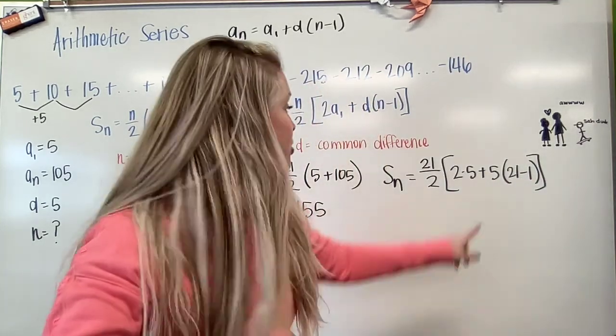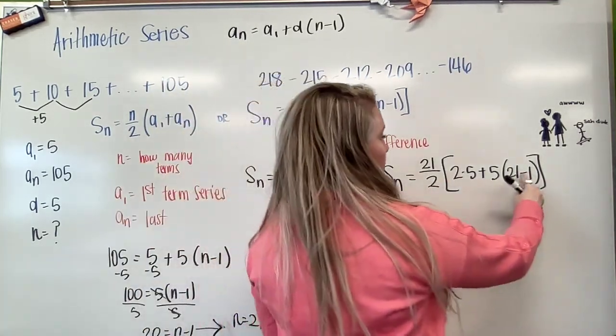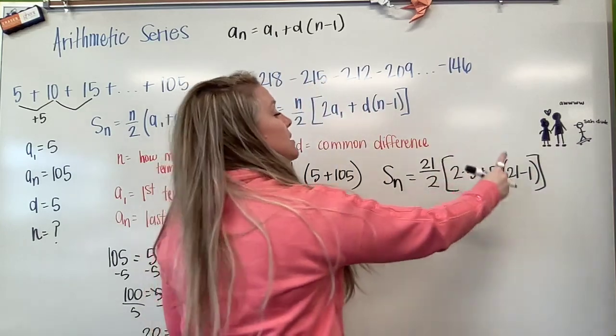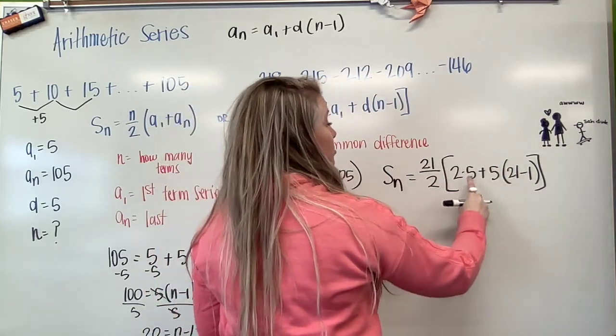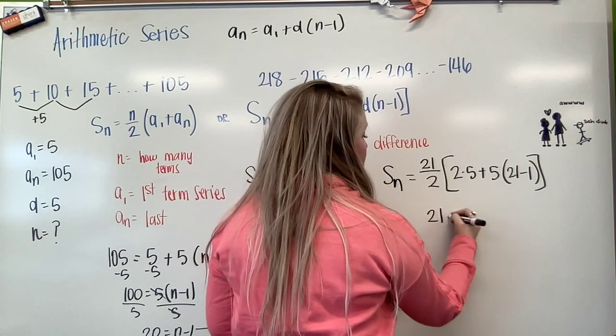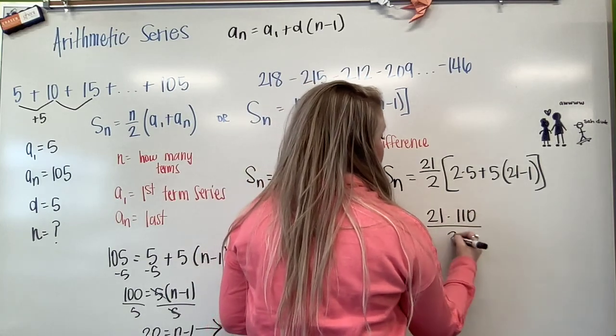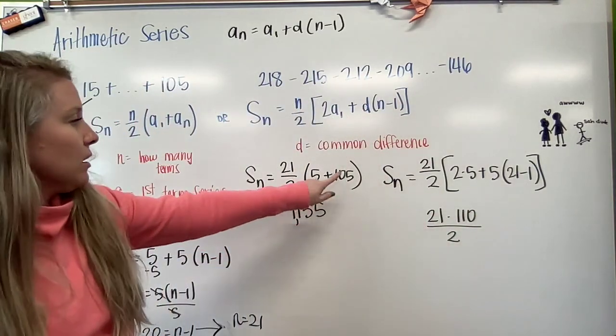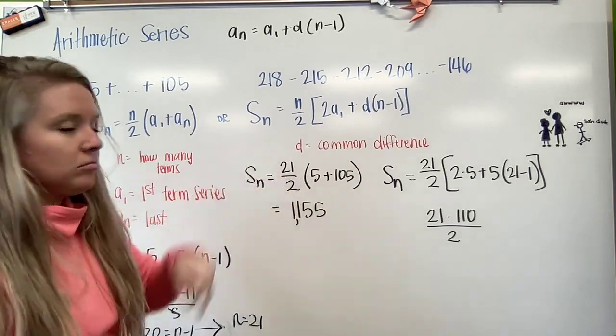So order of operations here, I'm going to take 21 minus 1, which is 20, times 5, which is 100, plus 10, that's 110. And that's right where we were here. 110 divided by 2 times 21.